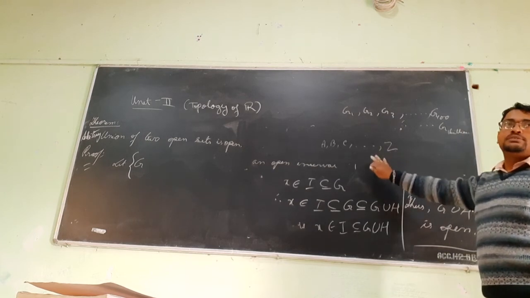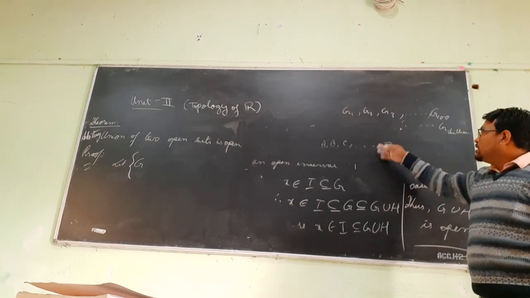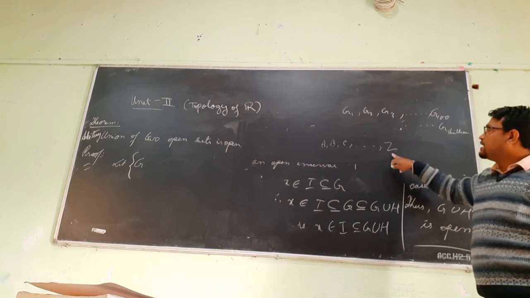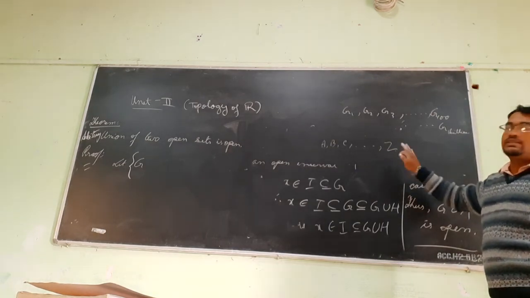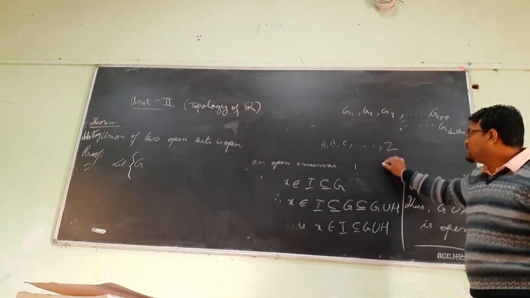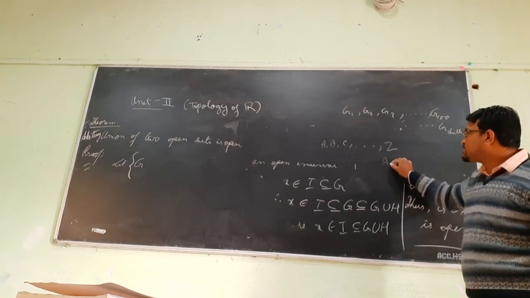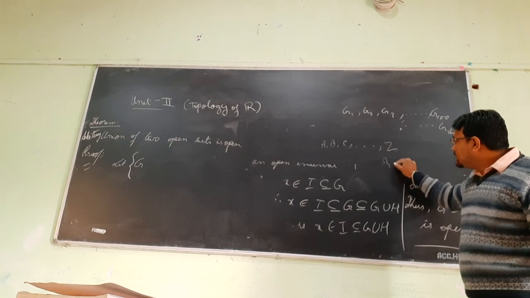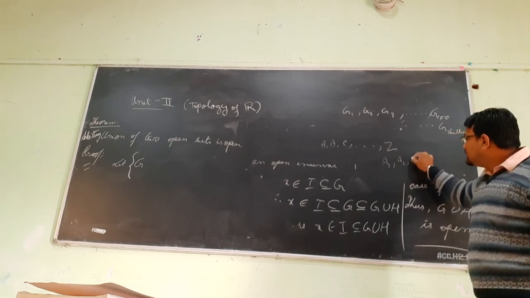Z, 26. So with just letters, I can write only 26 open sets or symbols. But after that, I use numbers as indices: A1, A2, A3.